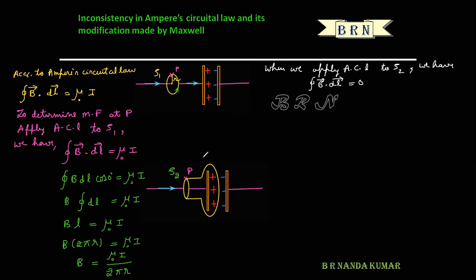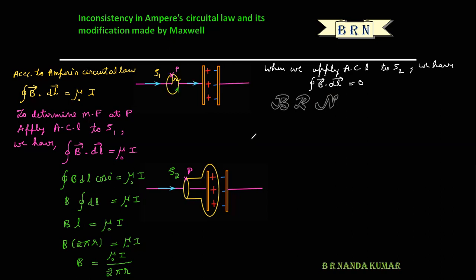In order to remove the inconsistency, Maxwell suggested the existence of an additional current. This point is very, very important. To remove the inconsistency of Ampere's circuital law, Maxwell suggested the existence of an additional current. That current is called the displacement current.